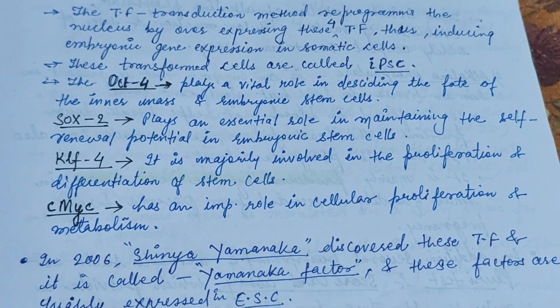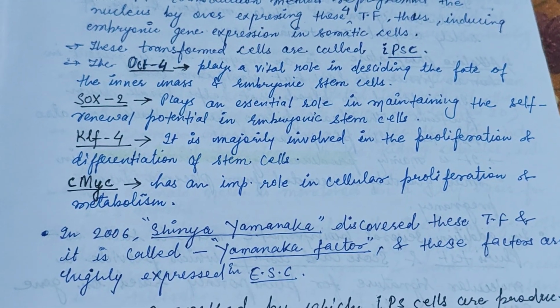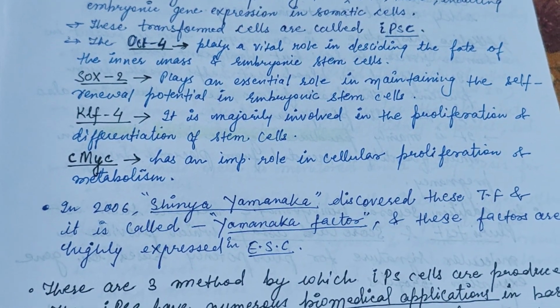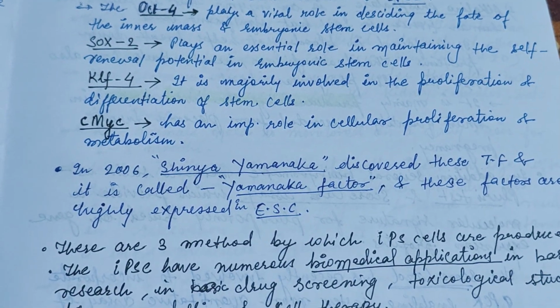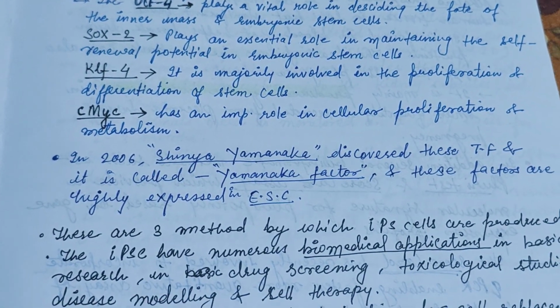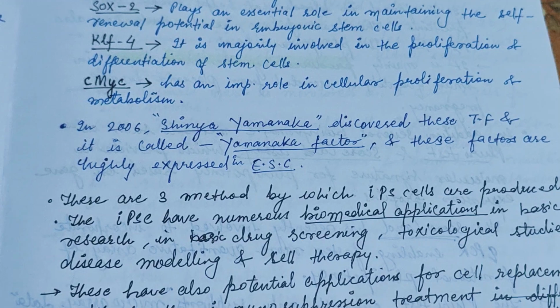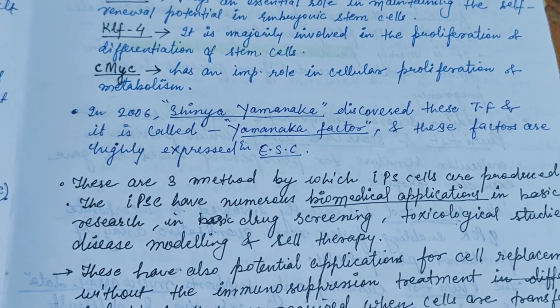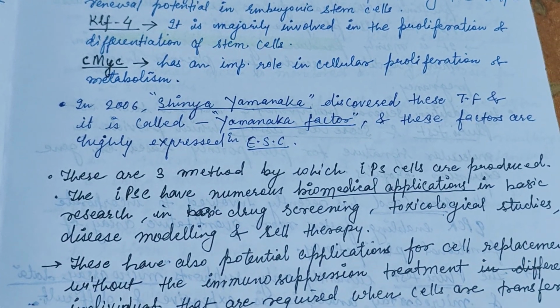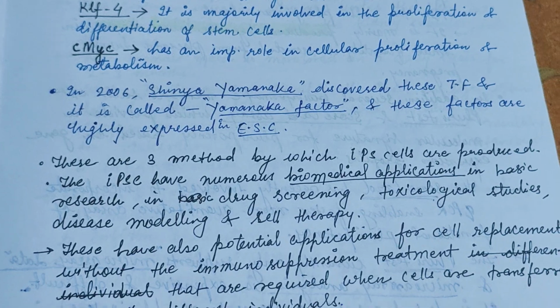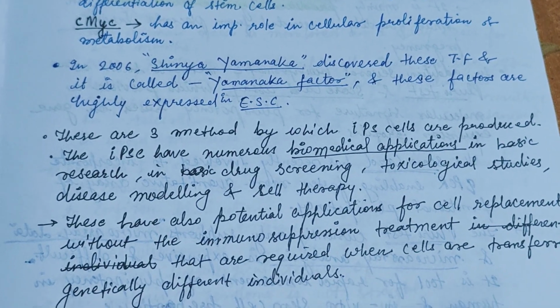The Oct4 gene plays a vital role in deciding the fate of the inner cell mass and embryonic stem cells, while the sex-determining region Y box 2 plays an essential role in maintaining the self-renewal potential of embryonic stem cells. KLF4 and MYC have an important role in cellular proliferation and metabolism.